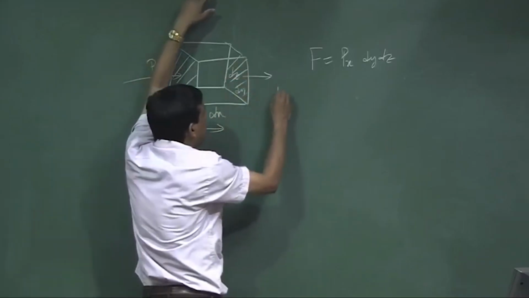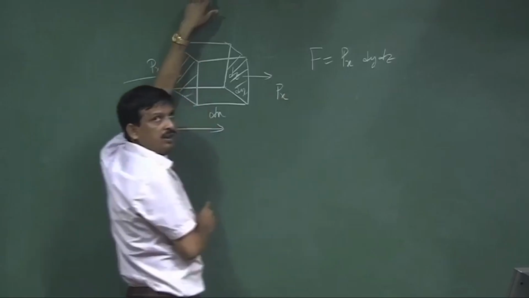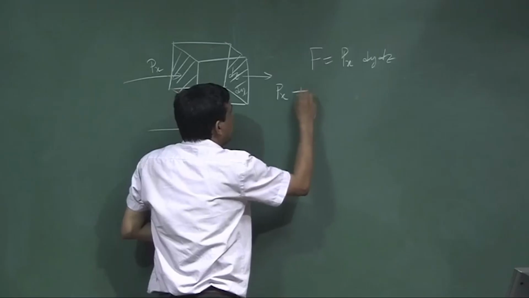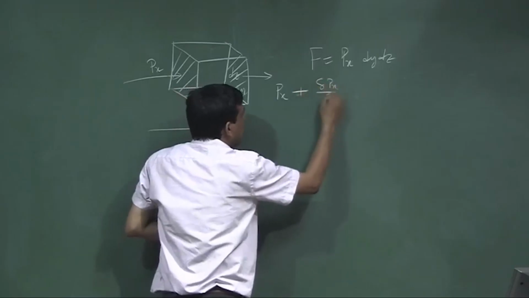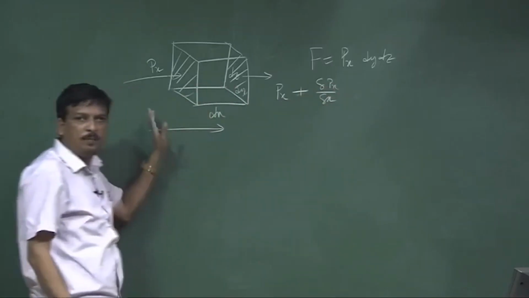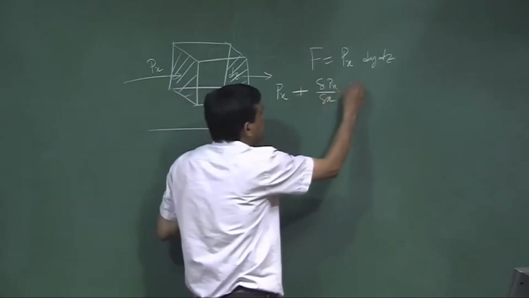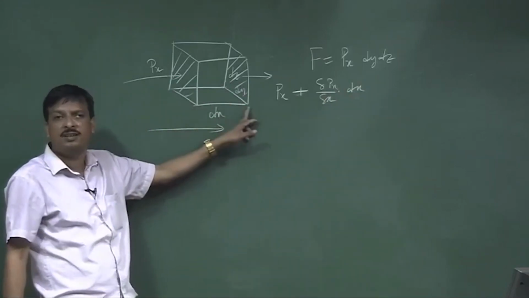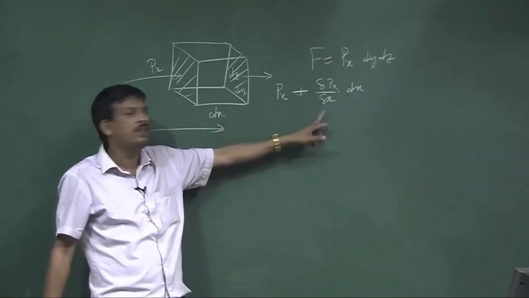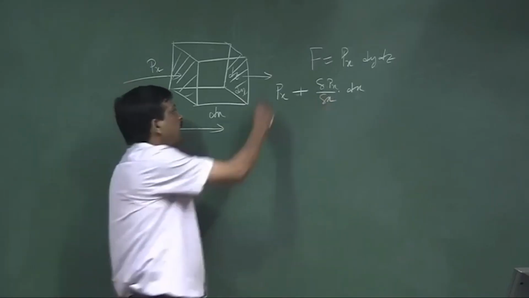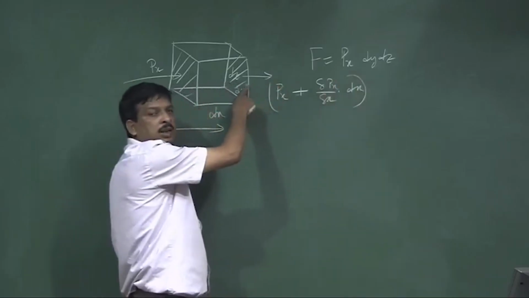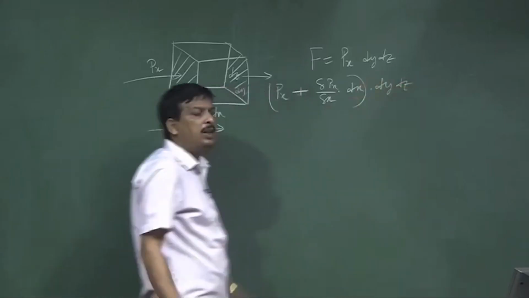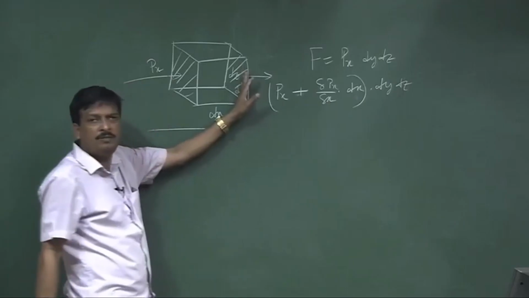That pressure is Px plus the change of pressure, that is, del Px by del x, the rate of change of pressure in the x direction, multiplied by the distance dx, because I have to travel from here to here, which is dx distance. So, the pressure on this boundary, multiplied by the same area, will give me the force acting on this plane.